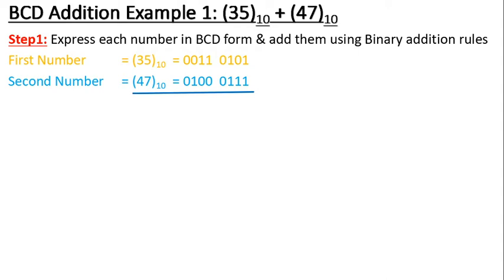With the assumption that you have done the addition of these two numbers by using binary addition rules, below that horizontal line, the sum generated is written in two nibbles: 0111, 1100. So this is about step number 1.